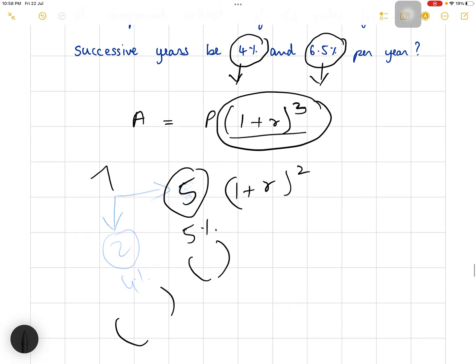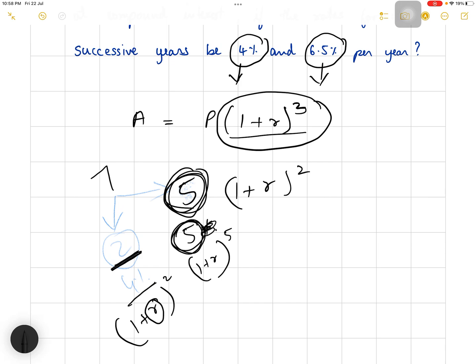Then there will be two brackets in the formula. The first bracket will be (1 plus r) raised to 2 because 4% is for 2 years. And in the second bracket, it would be (1 plus r) raised to 5 because my second rate of interest is 5% for 5 years.